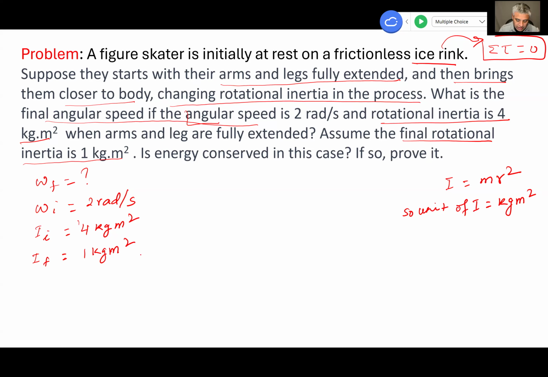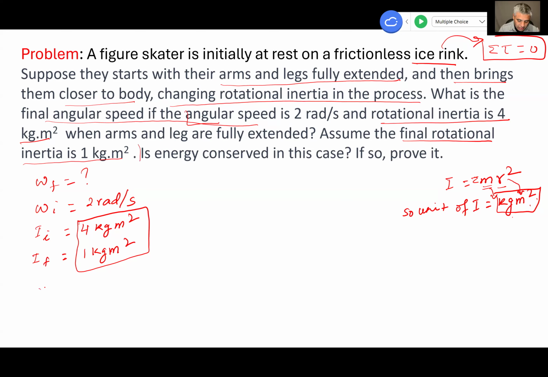So you see the rotational inertia unit is written as kilogram times meter square. That comes from this definition here. Yes, we may put a summation sign, but still it's the sum of mass and the radial distance squared. So the unit for mass is kilogram, distance is meter, so the unit of rotational inertia is kilogram meter square. So that's what you see. Now that is the first part of the question.